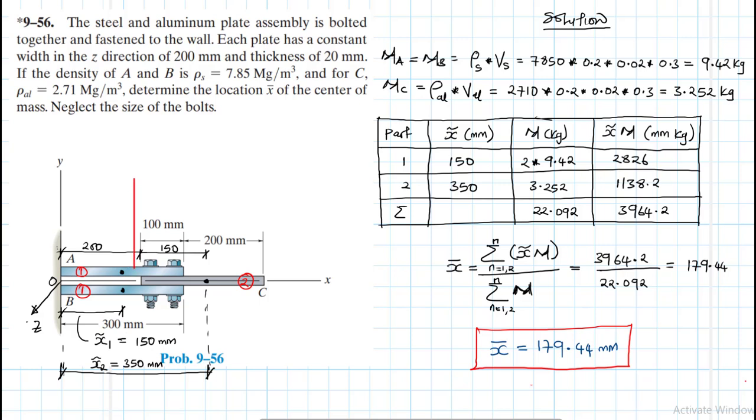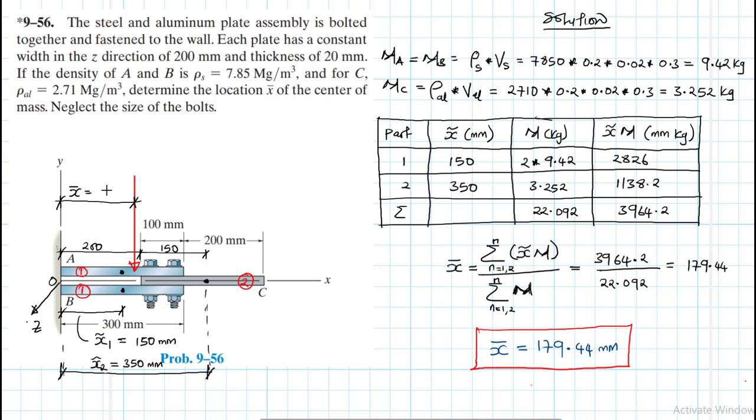Let's say it is somewhere there like that. This is the arrow, and this location, like we said, is x bar.